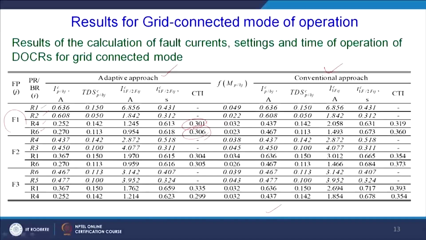In that case, the CTI is within 0.301 second, which means the coordination is perfect. And here also, in the conventional technique, you will see it exceeds, like 0.306, 0.35, 0.37, it exceeds 0.30. Our desirable CTI is 0.3 second. It should not exceed 0.3 second, which is actually obtained by this adaptive approach.